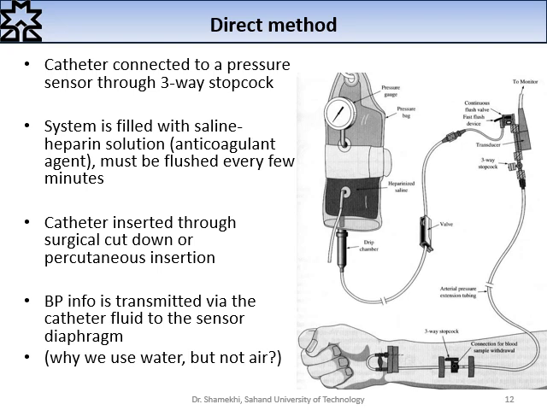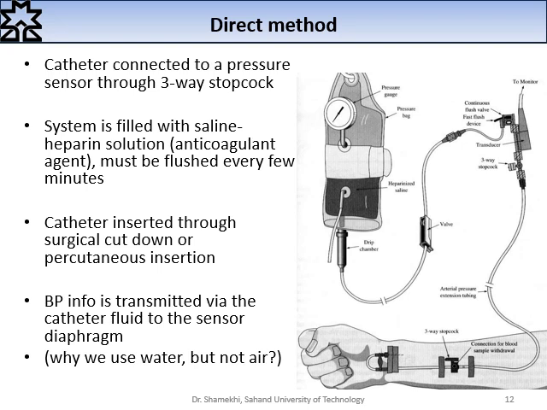Heparin is used as an anticoagulant agent and must be flushed every few minutes. The catheter is inserted through surgical cut down or percutaneous insertion. Blood pressure info is transmitted via the catheter liquid to the sensor diaphragm.